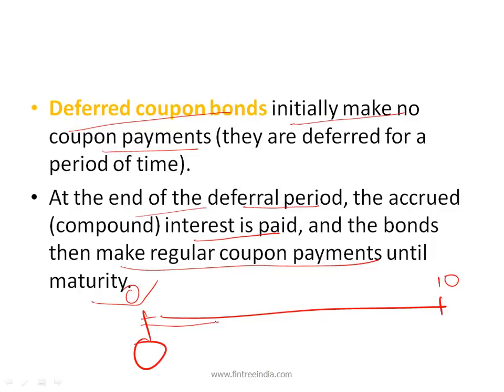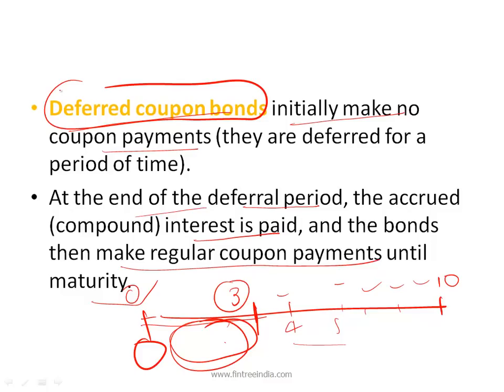It will not pay you any cash flow for the first 3 years. Why? Because till that time the cash flow is not being generated by the company. At the end of year 4 or year 5 onwards, it will start making you payments towards the regular coupon, and it would also pay you the accrued coupon or the coupon that was not paid to you during these 3 years. So that kind of a bond would be called as deferred coupon bond. Are we good?